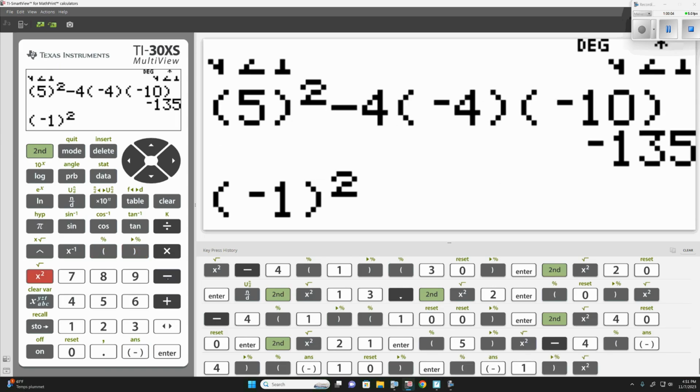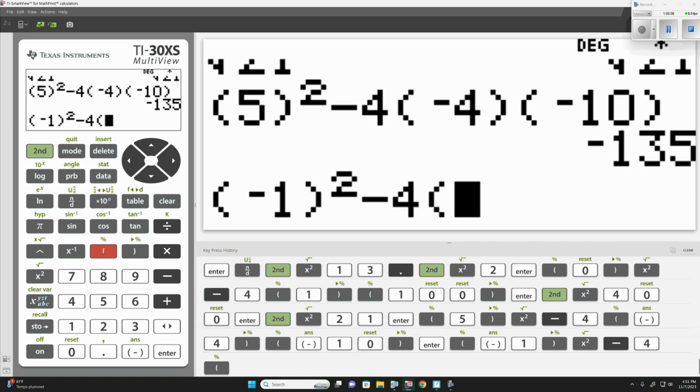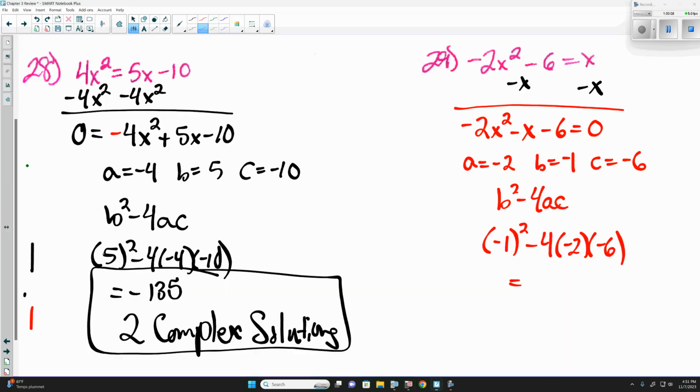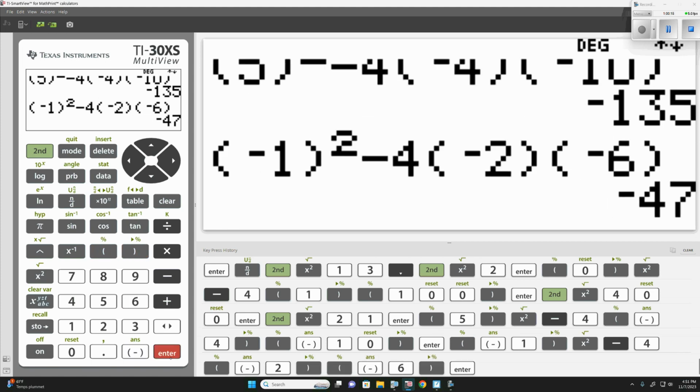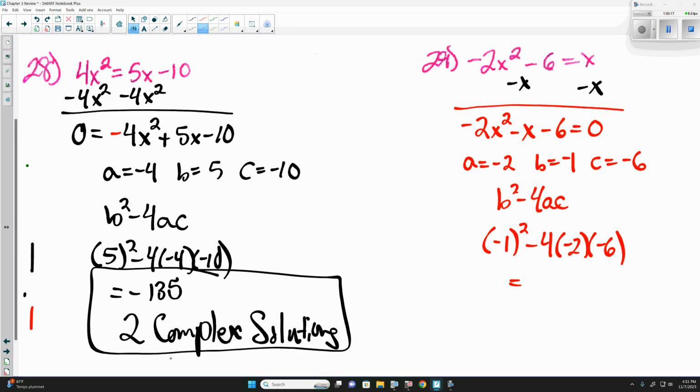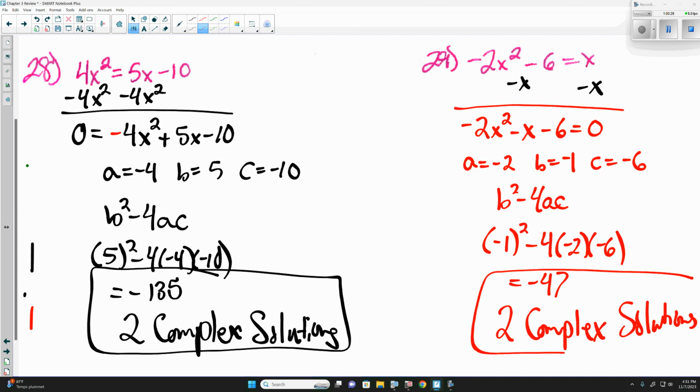Negative 1 squared minus 4 times negative 2 times negative 6 is negative 47. Since that's less than 0, we have two complex solutions. And that's it.